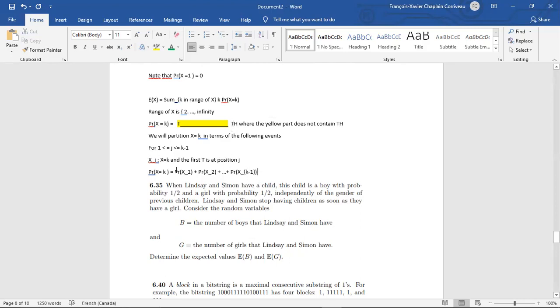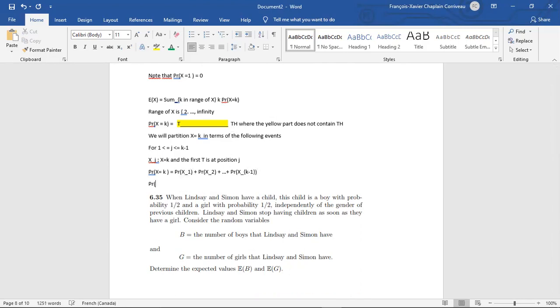And now these are very easy to compute. What is the probability of Xj equal to? If Xj happens, it means that my first tail was here.